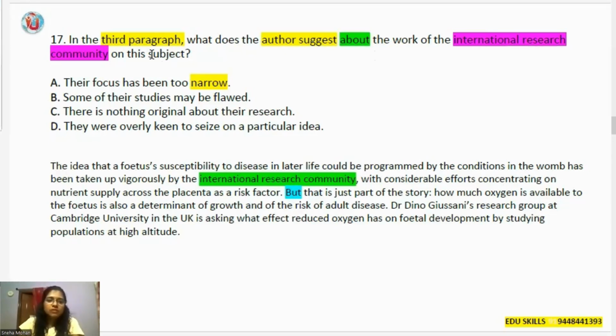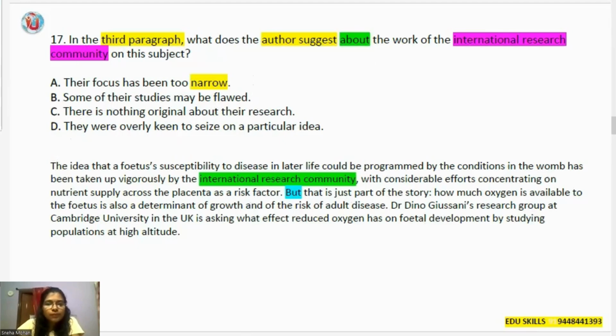So question number 17, after reading the text, now we have to read the answer options. Answer option A, their focus has been too narrow. The keyword is narrow. Answer option B, some of the studies may be flawed. Flawed is the keyword taken here. Next, answer option C, there is nothing original about their research.